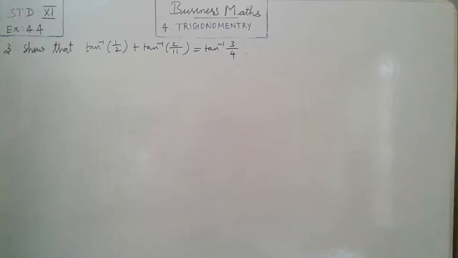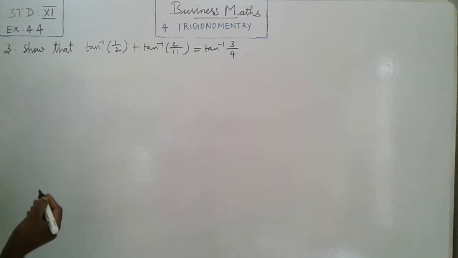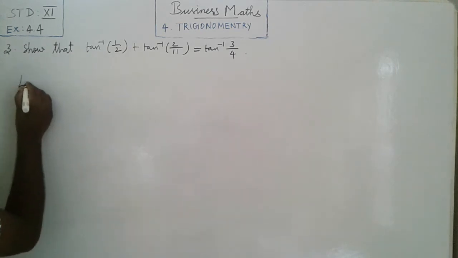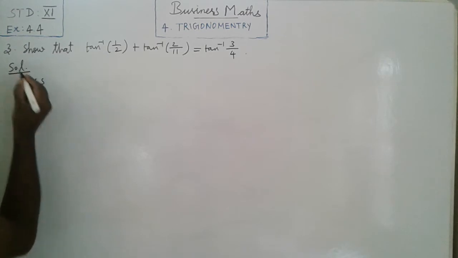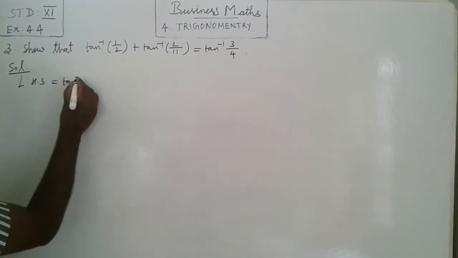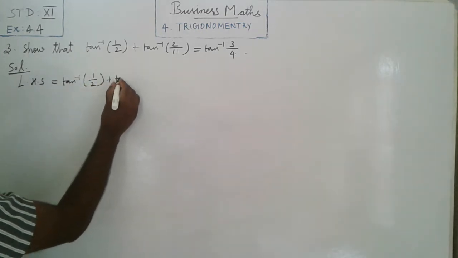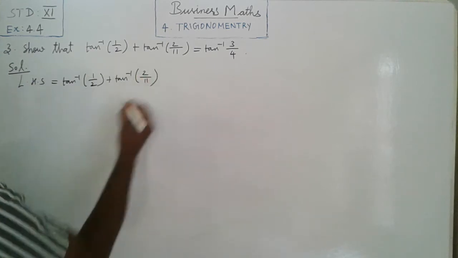That's all. Third sum, show that tan inverse 1 by 2 plus tan inverse 2 divided by 11 equals tan inverse 3 by 4. We should take the LHS. Solution. LHS equals tan inverse 1 by 2 plus tan inverse 2 divided by 11.